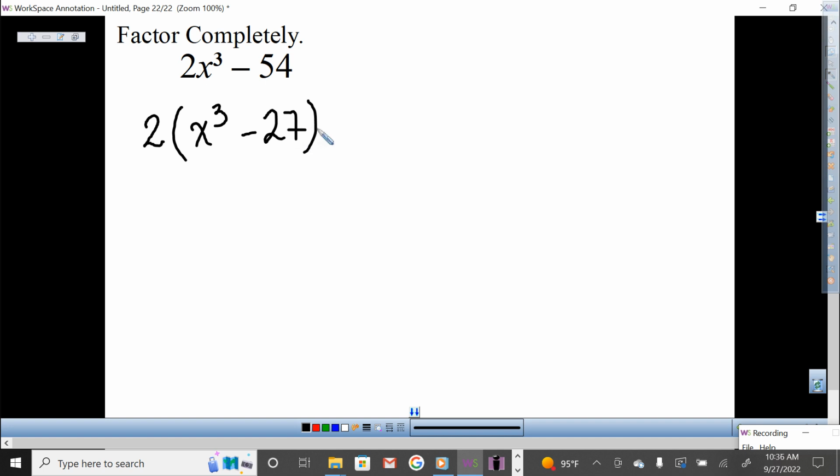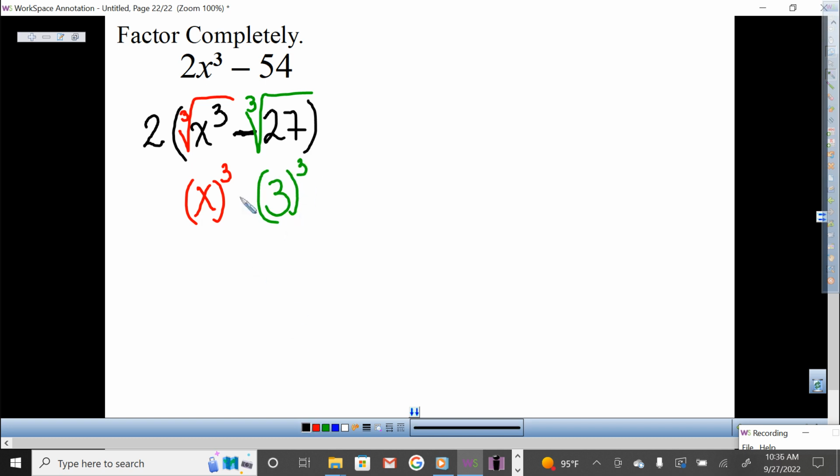Okay. Next, red flags. That it's a minus and it's a cube. So let's check to see if both of them are cubes. Can we take the cube root of the first term? Yes, that would be x, and we write it to the third power. Can we take the cube root of 27? Yeah, that is 3 to the third power.